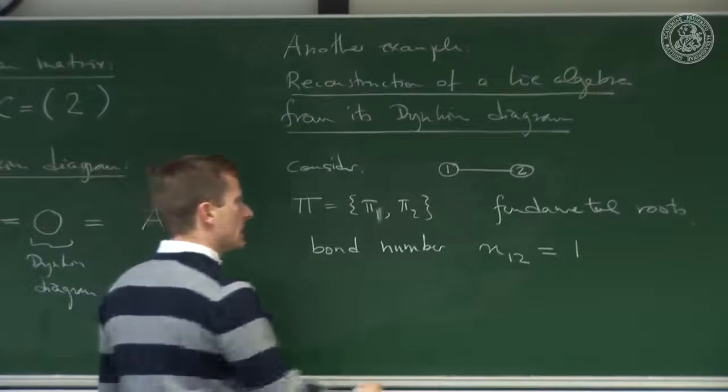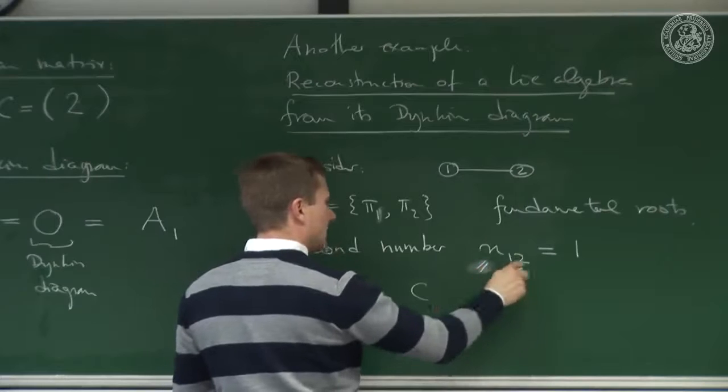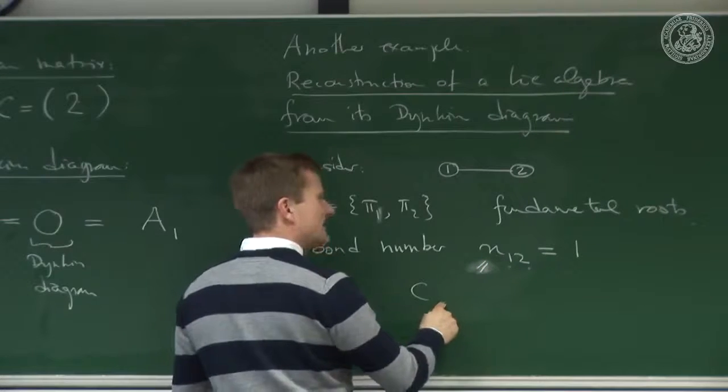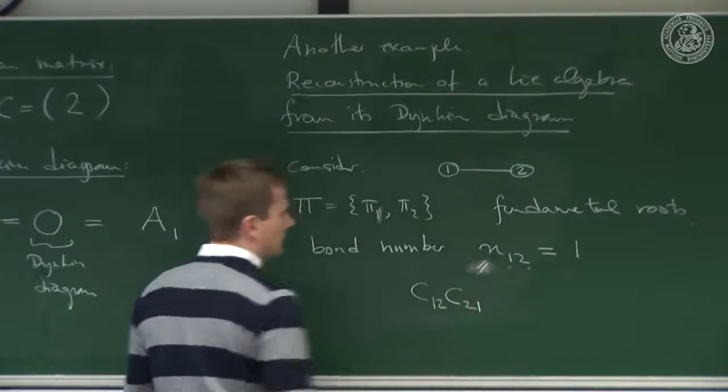Now what's the bond number? Well, if you remember, the bond number ij was Cij Cji. So C12 C21.